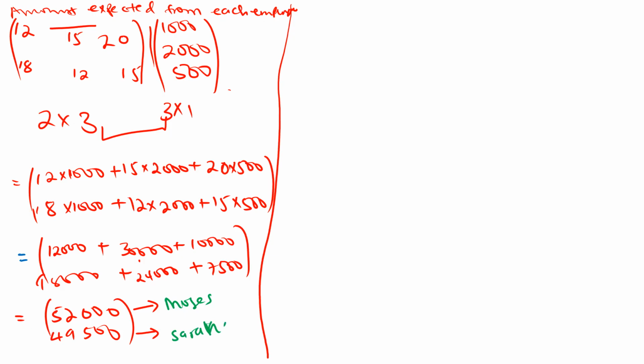So you must give a conclusion that she should expect 52,000 and 49,500 from Moses and Sarah respectively.